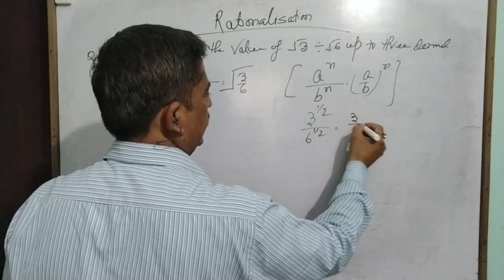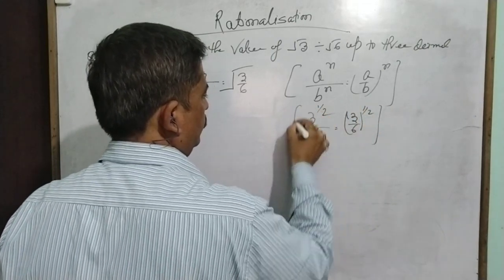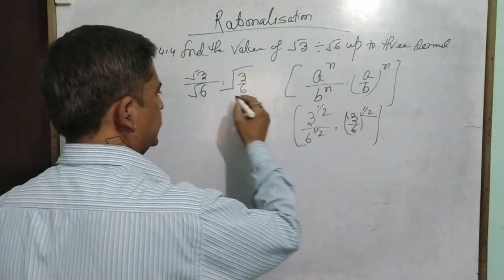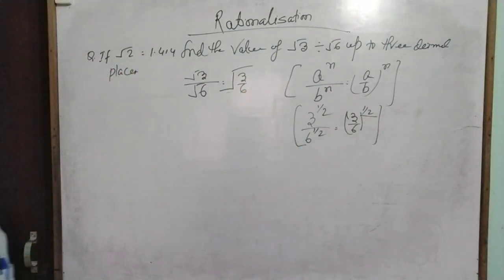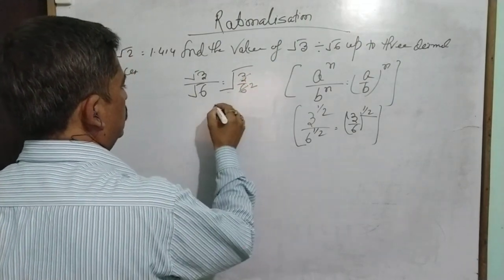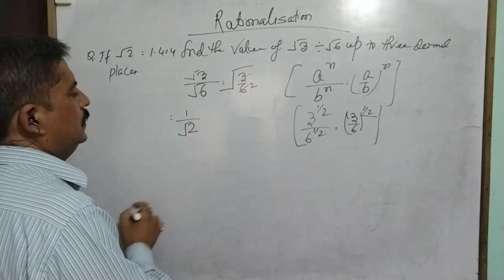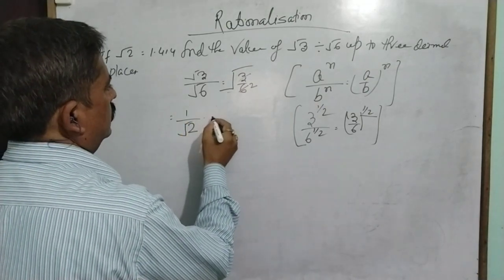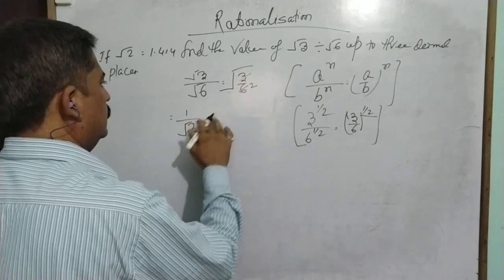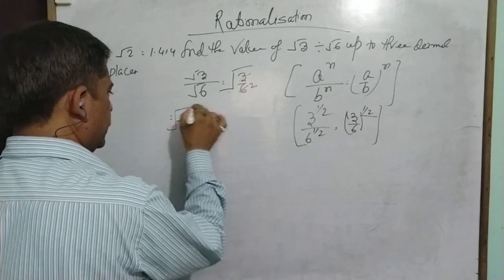A power of 1 by 2 changes to the square root. So we divide, and we get 1 by under root 2.